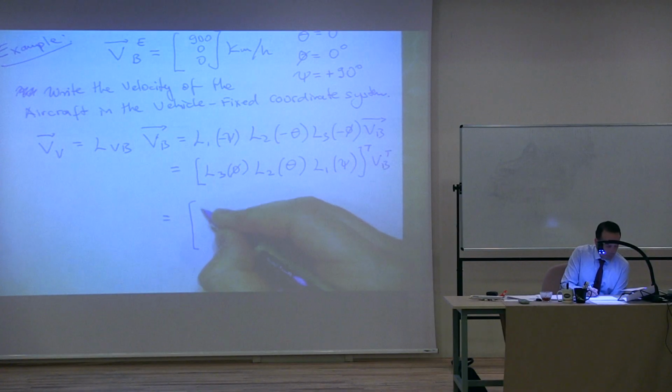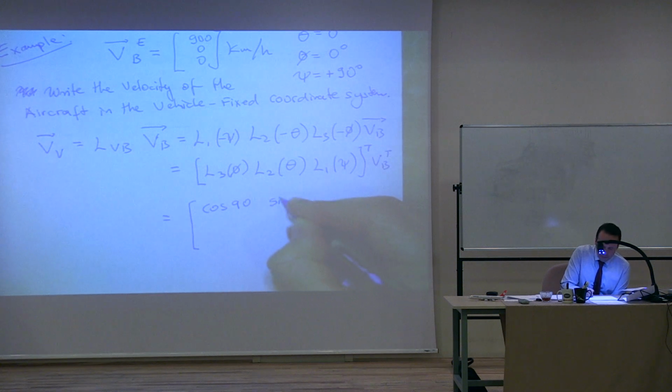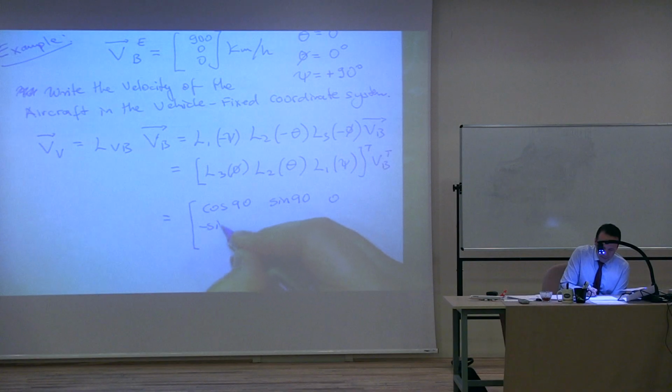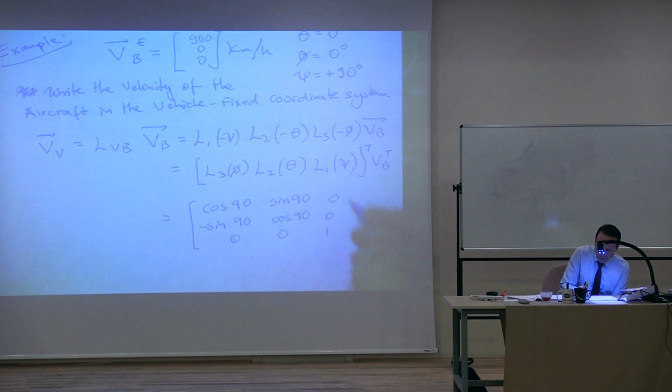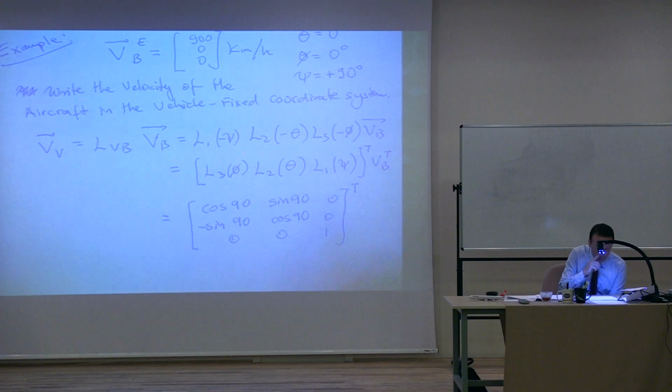So, we are looking for cosine 90, sine 90, 0, minus sine 90, cosine 90, 0, 0, 0, 1. And actually we're looking at the transpose of this, right? Because this was L1 of psi.